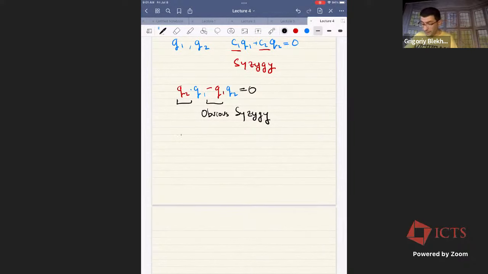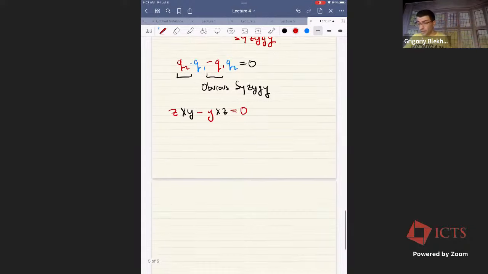For example, if I take xy and xz, then these two have a linear syzygy, because I can multiply this one by z, and multiply this one by minus y, and subtract, and this will be equal to 0. So sometimes, if I take special polynomials, they might have more interesting syzygies.